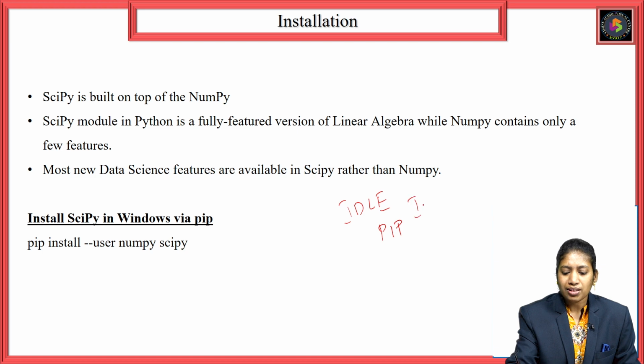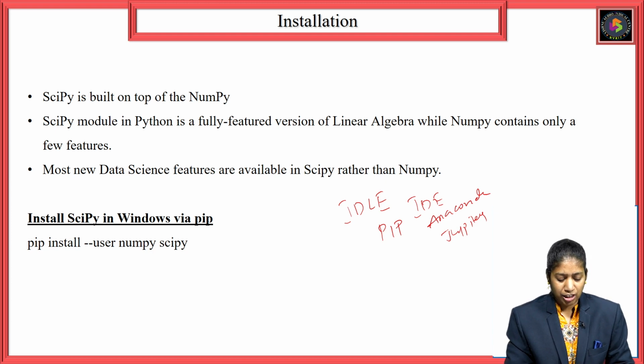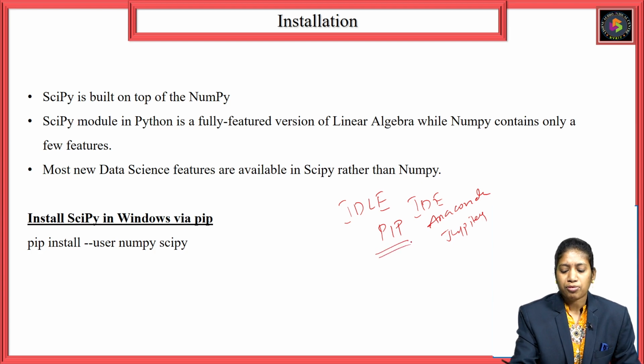When we use IDEs like Anaconda and Jupyter, all these are available by default, so there is no need for explicit installation. But if we want anything extra, we need to install it explicitly, ideally with a pip statement.